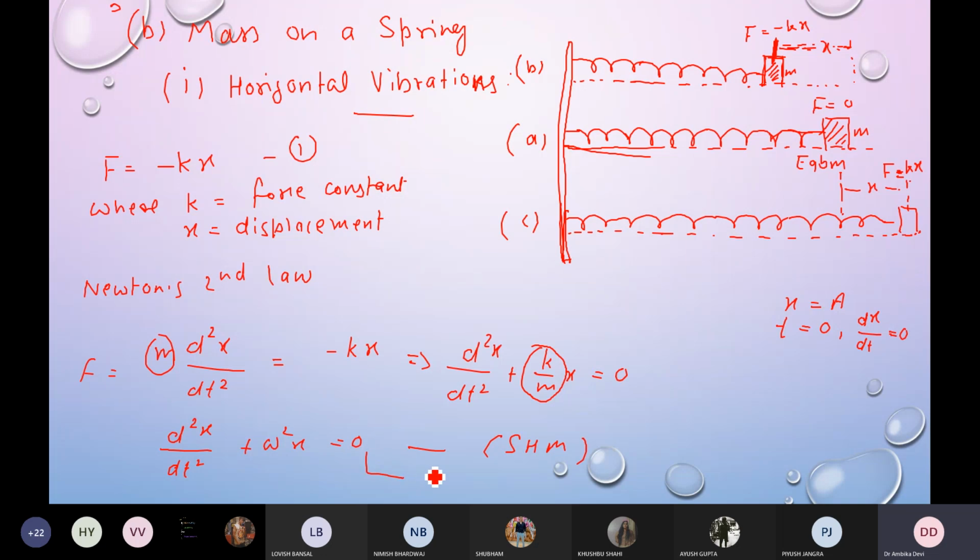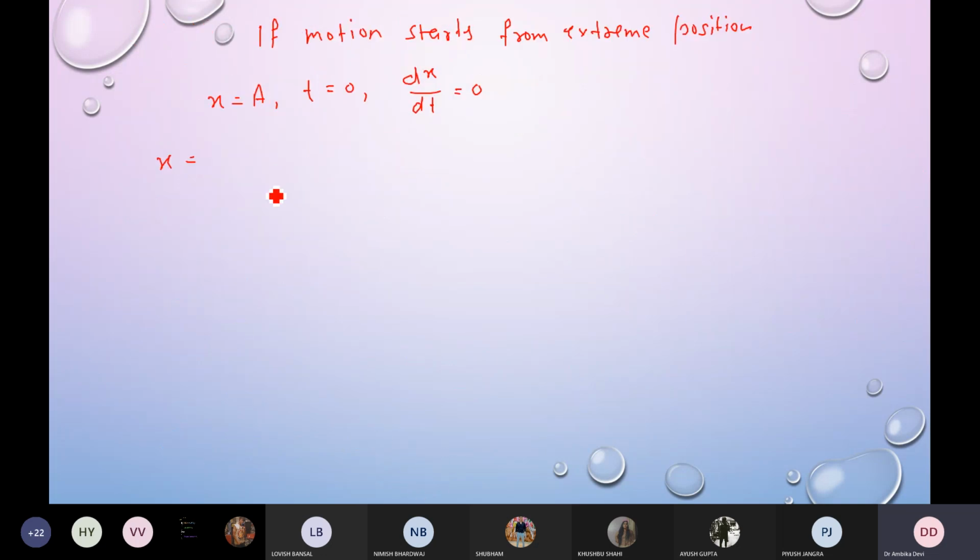Okay, so if this is the situation, we know that the solution of equation number 2 is x is equal to a sine omega t plus phi. Before putting in all these values, we can differentiate this equation with respect to t.